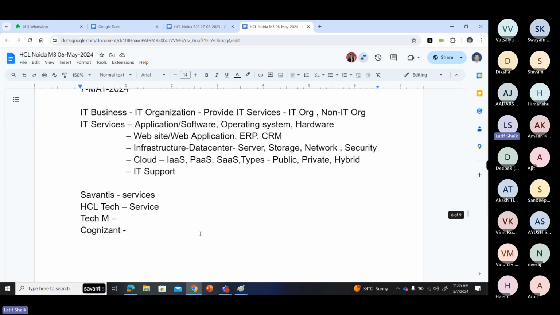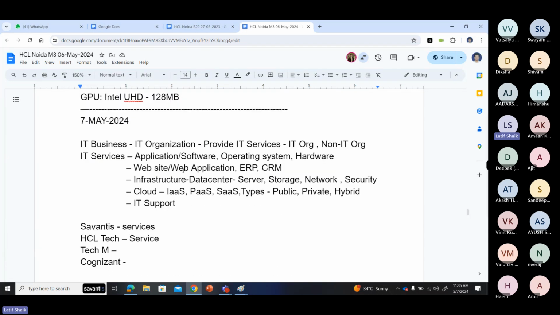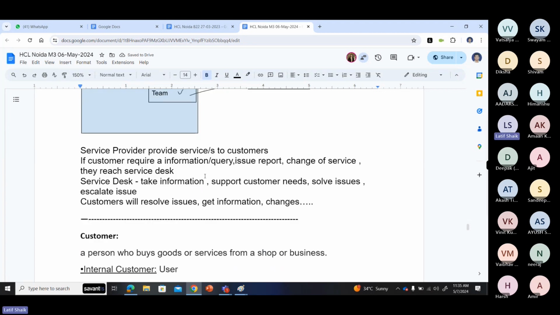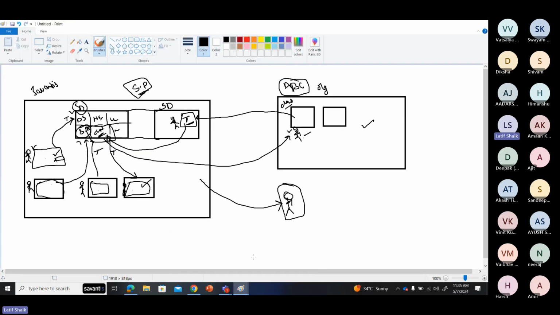So what are the things we discussed? IT organizations provide different types of IT services, and we have seen what a service provider is. What is customer support? This is an important point, guys. The client has an issue and approaches the service desk for reporting an issue, an inquiry, or a change of services.